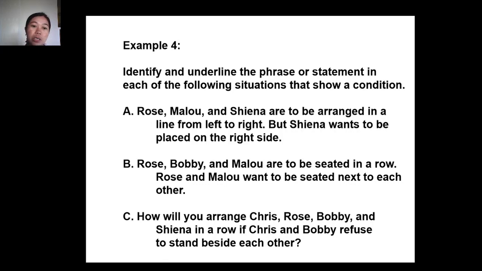Pag-determine ng winners, kung sino ang first, second, and third. So, meron tayong mga positions na i-fill in and i-arrange yung first, second, and third. So, those are permutations. Okay, so sana ay naintindihan kung ano ang ibig sabihin ng permutations at kung ano yung mga problems and situations that illustrate permutations.